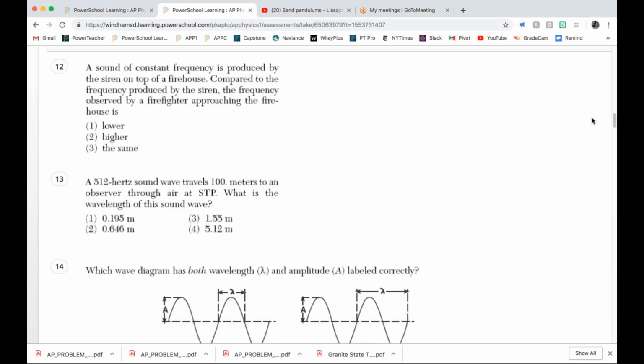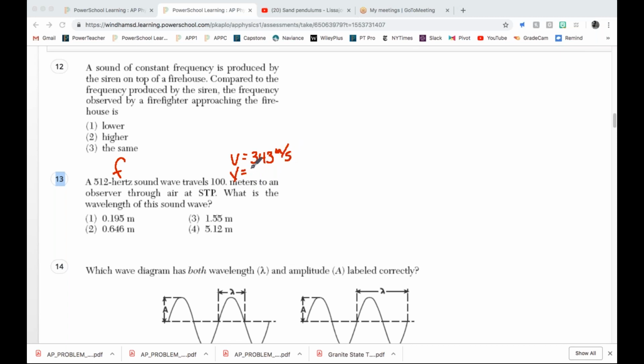A 512 hertz sound wave travels 100 meters, and they want to know the wavelength of the sound wave. For starters, the distance that this thing travels has nothing to do with the wavelength. We're given the frequency, and we know the speed. The speed of sound in air is 343 meters per second.